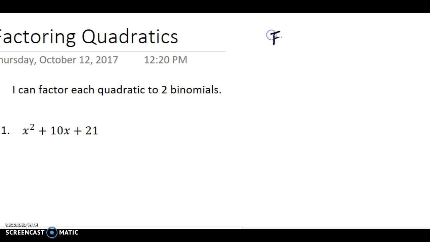So factoring and foiling, yes, are opposites.